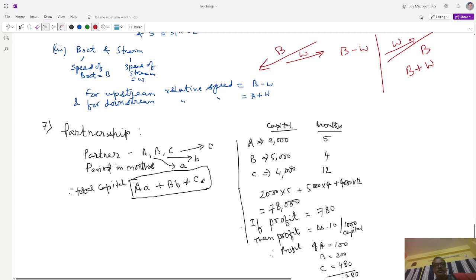This is the key term to solve this problem. Here is an example.